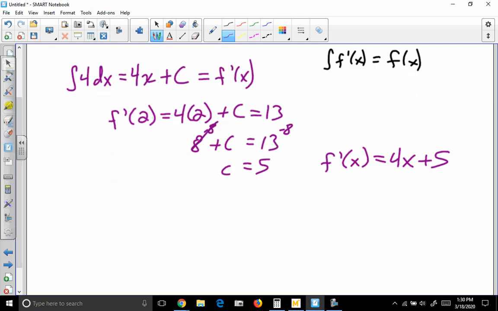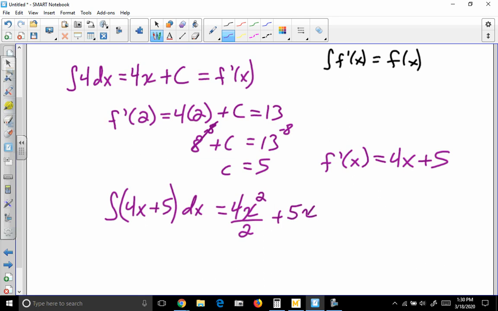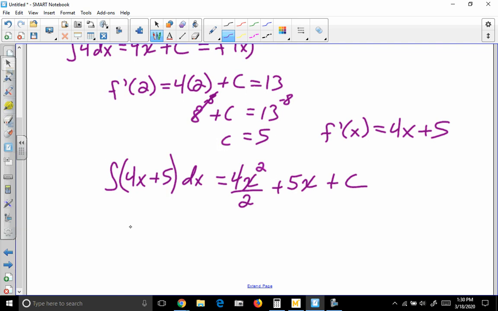Once we know our first derivative, we can integrate it to get our original function. So if we take the antiderivative, 4 is a constant, a coefficient, x to the 1 bigger power over that power. 5 is by itself, so when we integrate a constant, we pick up our variable, and then we always put a plus c on the end.